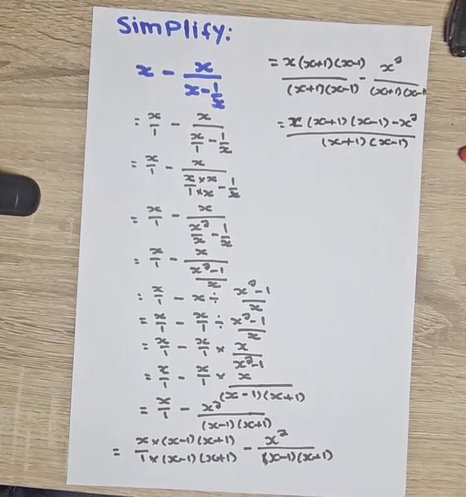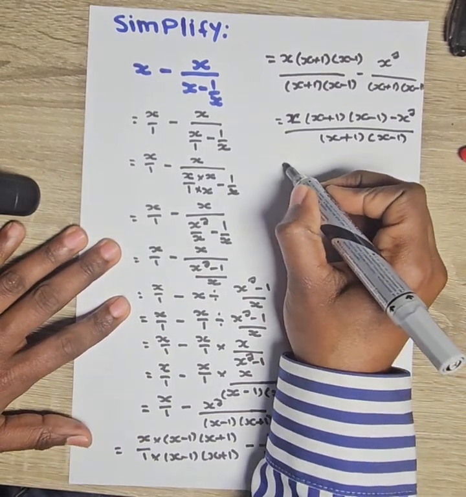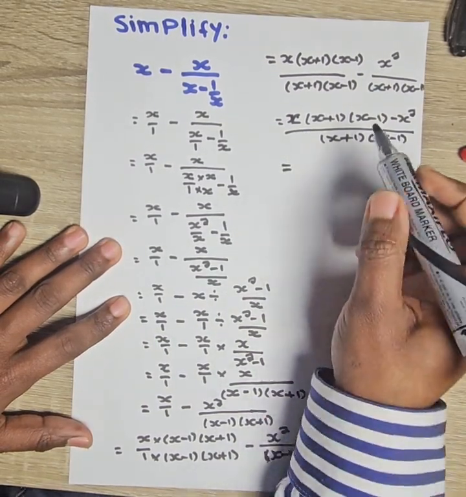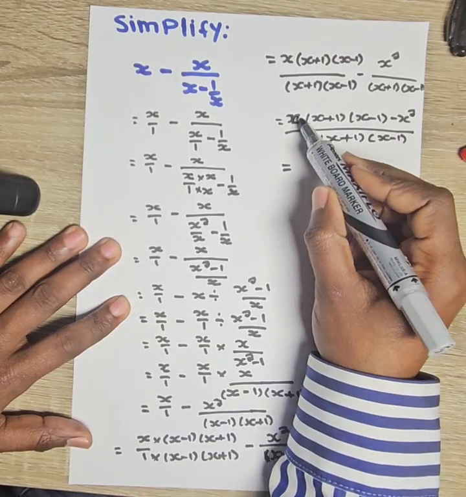Now get rid of the brackets on top, I mean the numerator. I first will need to get rid of these brackets before I multiply this.